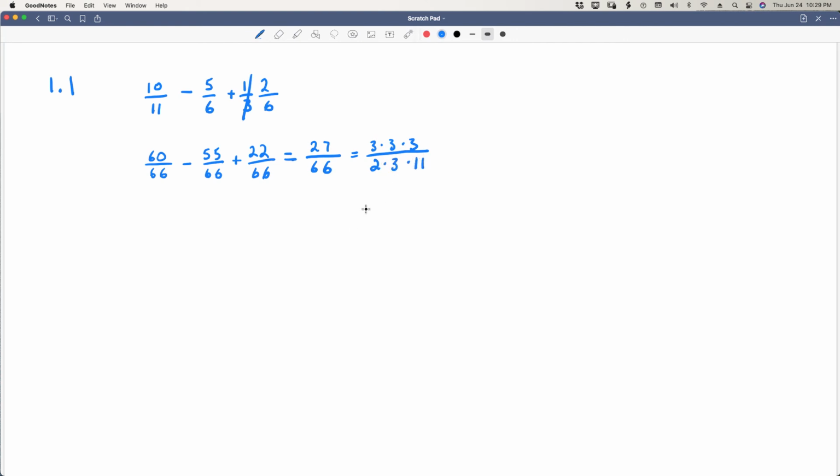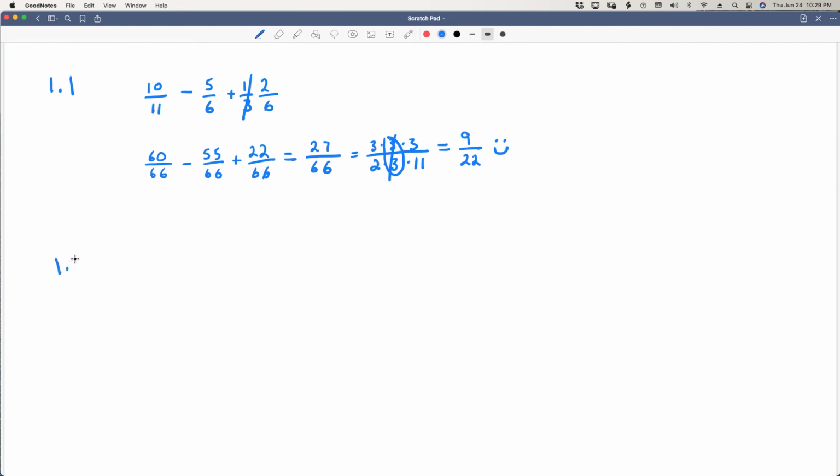I can see right away that I have a common set of factors here that I can take out, and we'll get rid of those. And now we're left with these factors, which are not in common, so we have to multiply them back. 3 times 3 is 9. 2 times 11 is 22. That's as far as we can go. That's as much as we can reduce, so that is our answer.